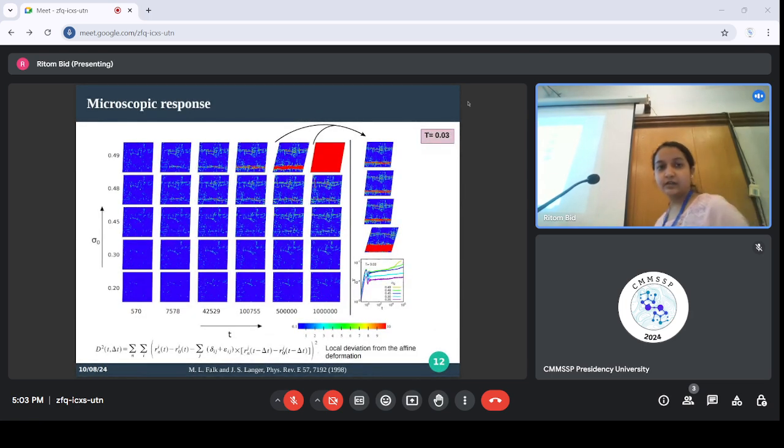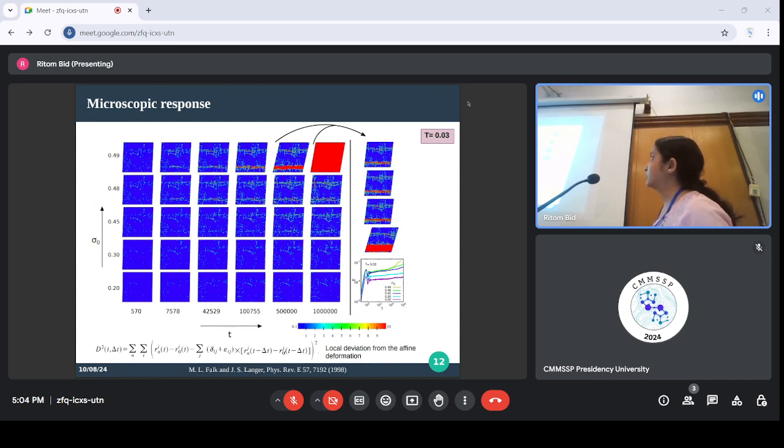Now, how does the system evolve microscopically? For that, we have taken some snapshots of local non-affine deformation for several stress values at several time steps. And here we found some heterogeneous plastic deformation that can be considered as an onset of flow, which already starts from this creeping regime.